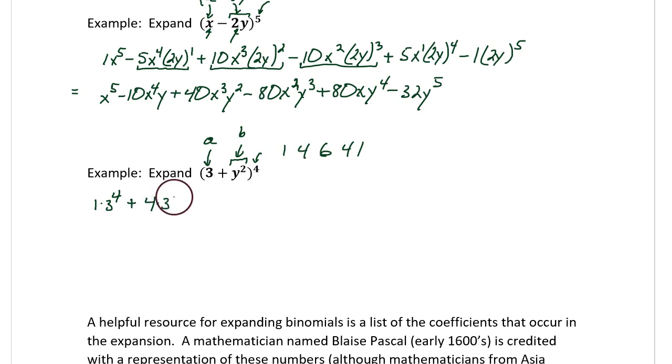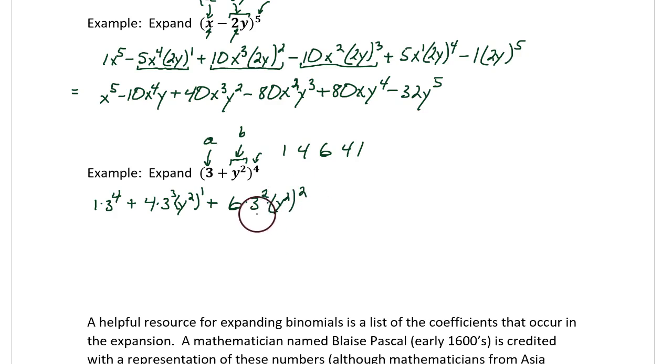Now we will have 3 to the third power and then y squared to the first power. If it helps you to keep track, you might put the y squared in parentheses and write to the first power. Then we have a plus sign again, and now a 6 from Pascal's triangle. Then we have 3 to the second power times y squared to the second power.